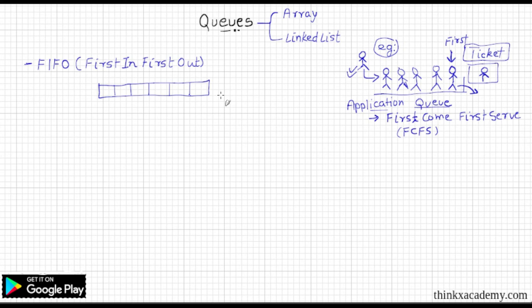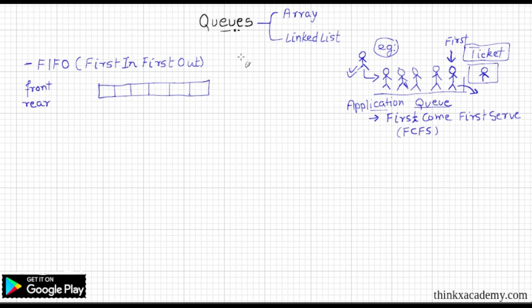So you are going to use two variables, front and rear. So we will use the front and the rear variables to access the particular elements and insert them or delete them from this queue.